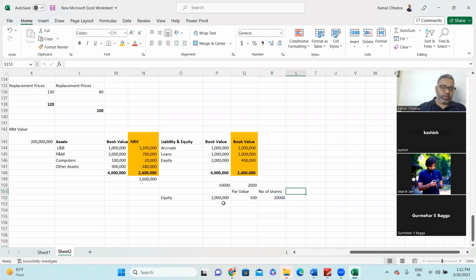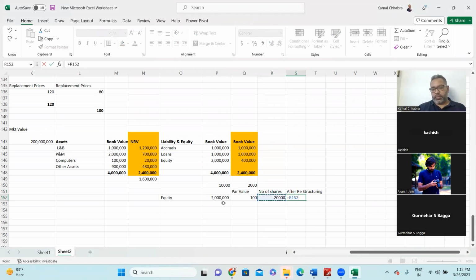Now after restructuring, how many shares do they have? This multiplied by 0.2, so they have only 4,000 equity shares. So there is a reduction in shares in hand of 16,000.